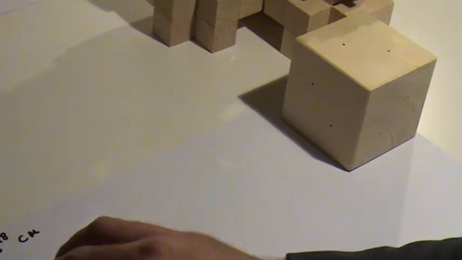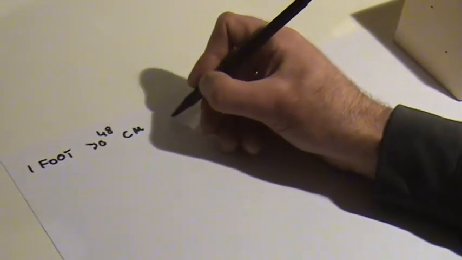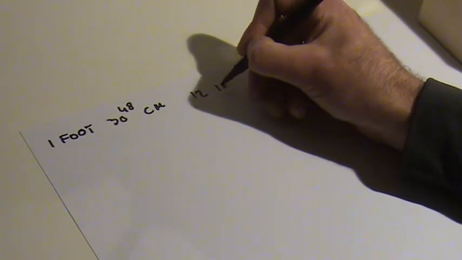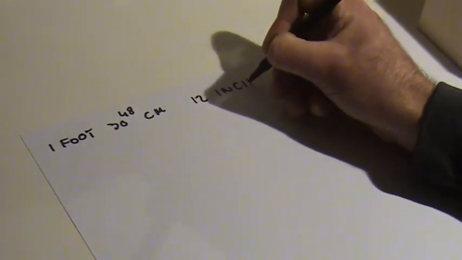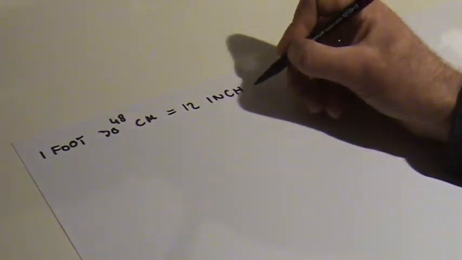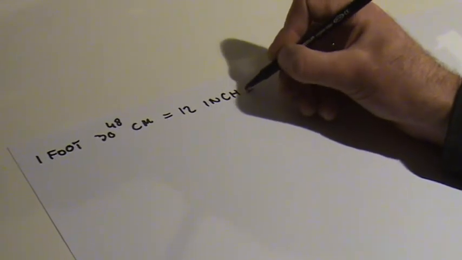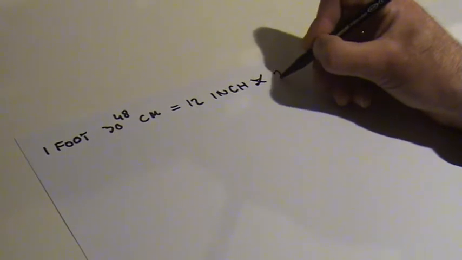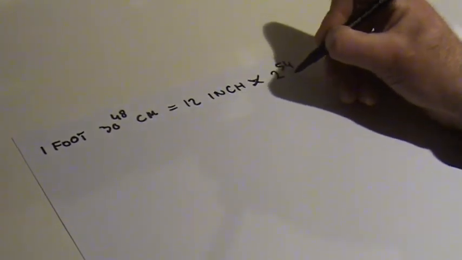So 1 foot is 12 inch, and each inch is 2.54 centimeters.